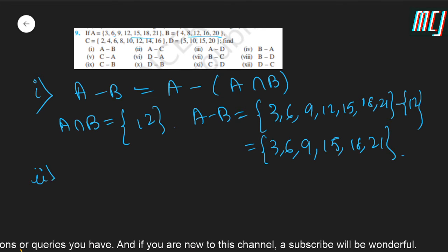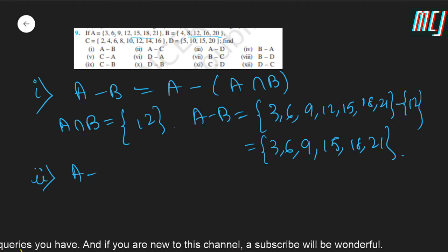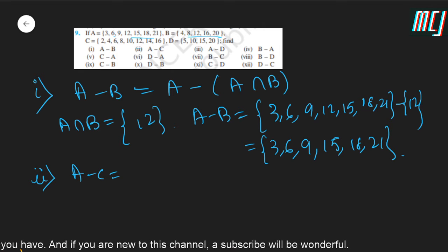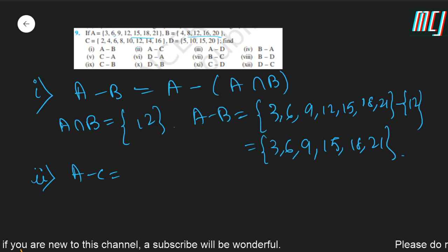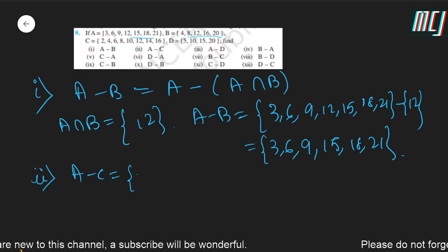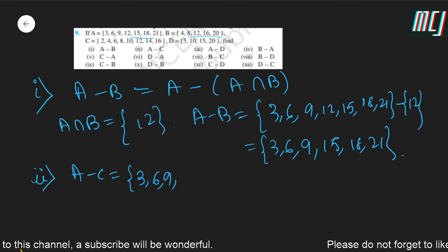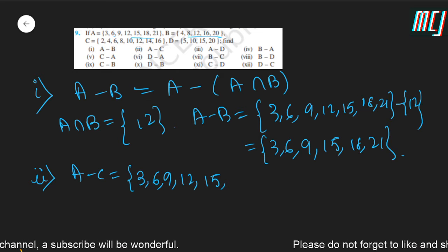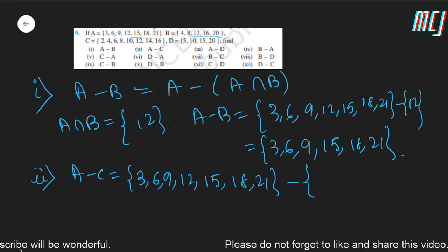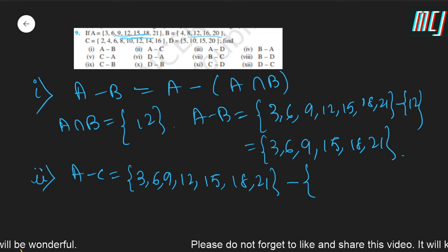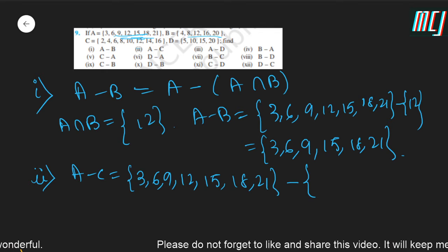So similarly here also we will find A minus C, that means A minus of A intersection C. So {3, 6, 9, 12, 15, 18, 21} minus A intersection C. Here A intersection C we need to find first.